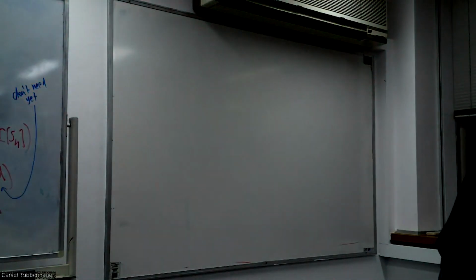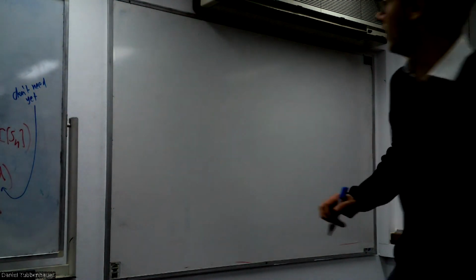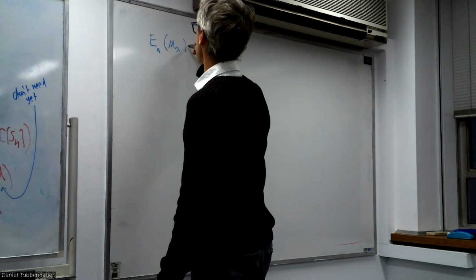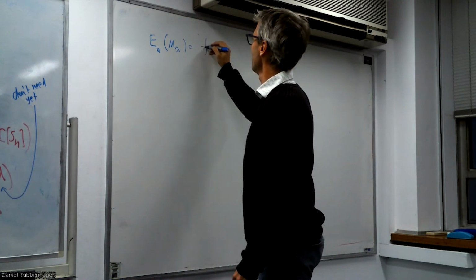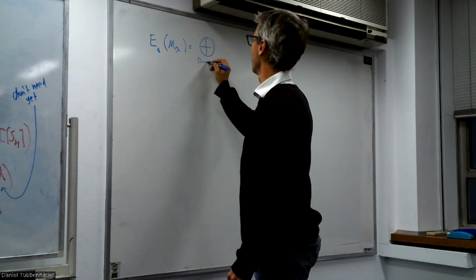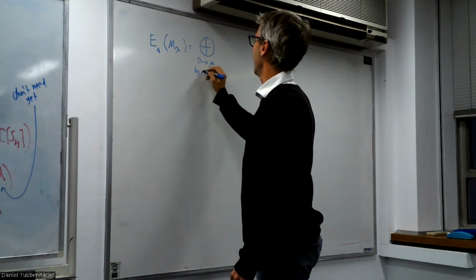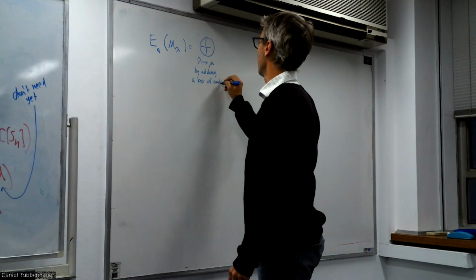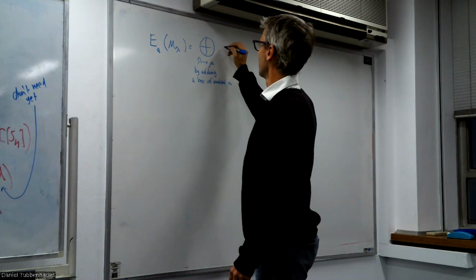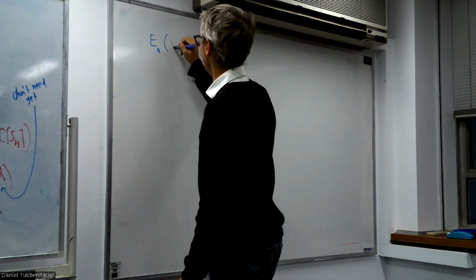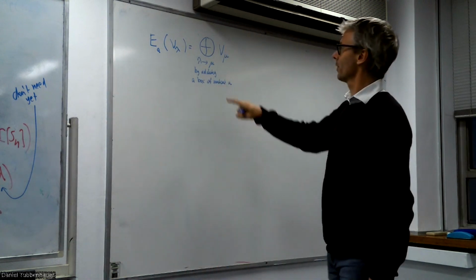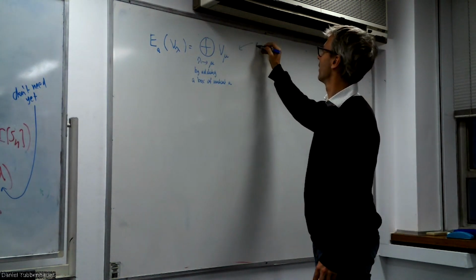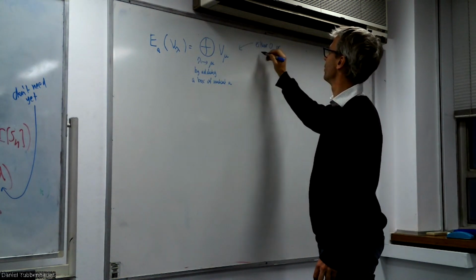Right. So we have that E_A of V_lambda is the direct sum over all lambda going to mu by adding a box of content A. Sorry, I keep reading V lambda V. If I plug in the simple V_lambda, I get this direct sum, but notice that this is either 0 or irreducible.